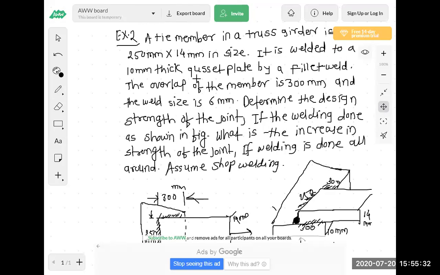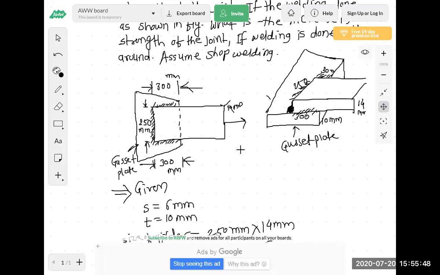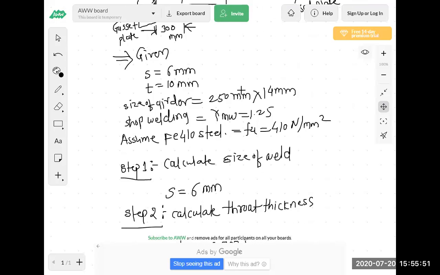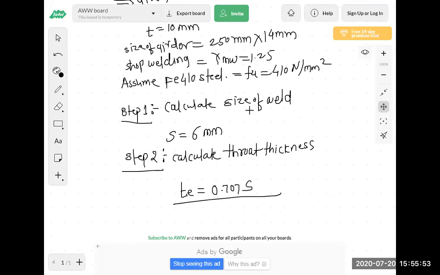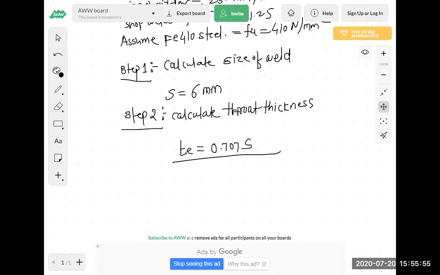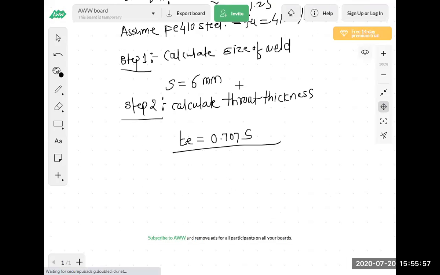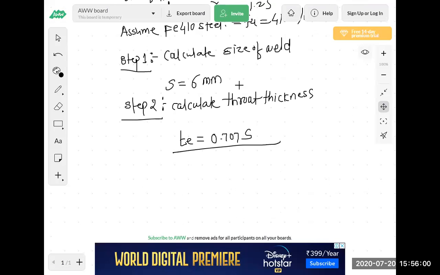See, here the type of weld is fillet weld. For fillet weld, we take the throat thickness as 0.7 S. So this is very important. You have to keep the procedure in mind properly. You can go back in the procedure. We have written clearly for fillet weld what T is, for butt weld what T is. T is the throat thickness.